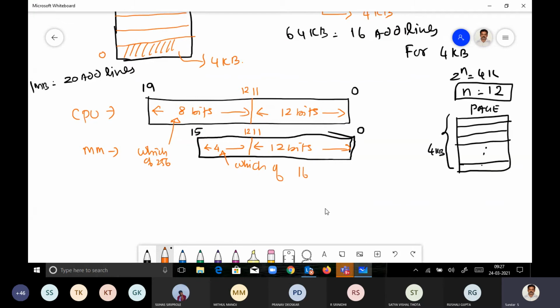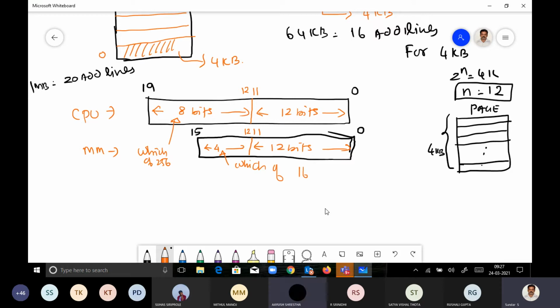This point is clear. Please tell me whether you are able to understand this. Any doubt? Any problem? These 12 bits are to select within the 4K page.